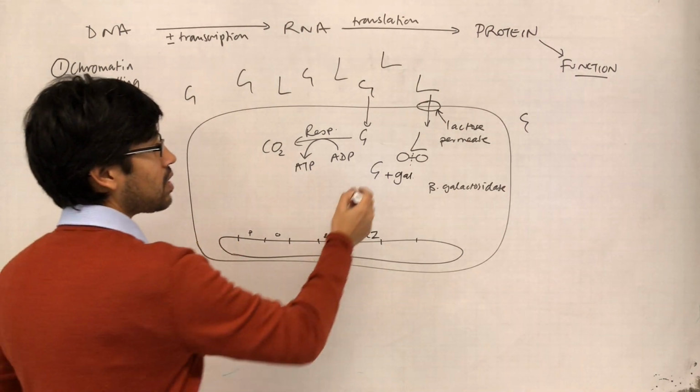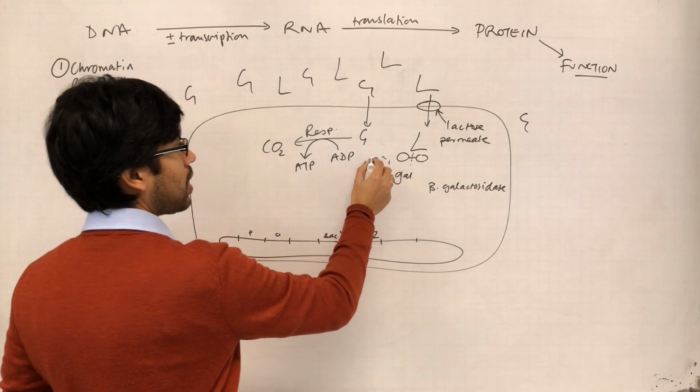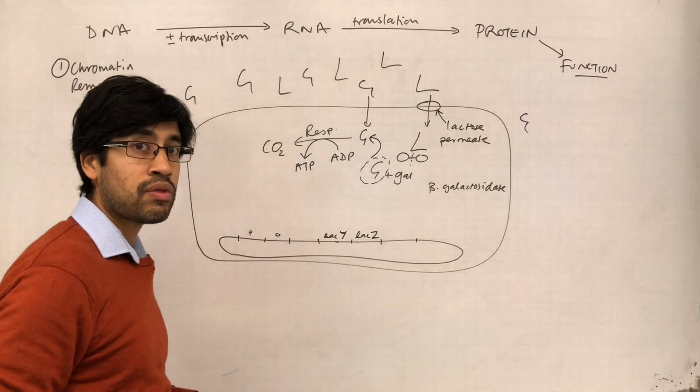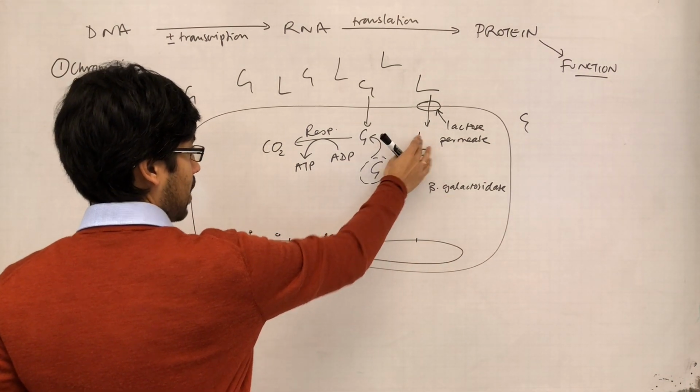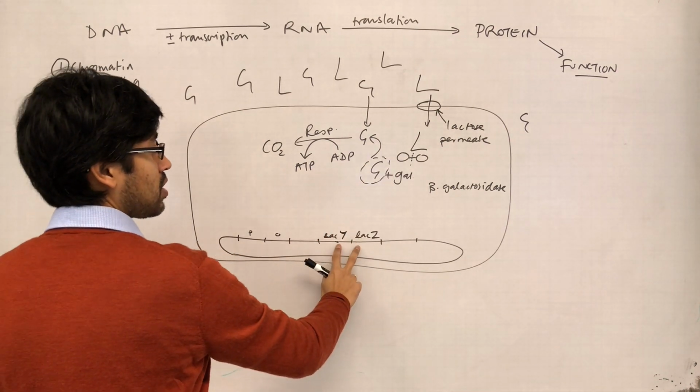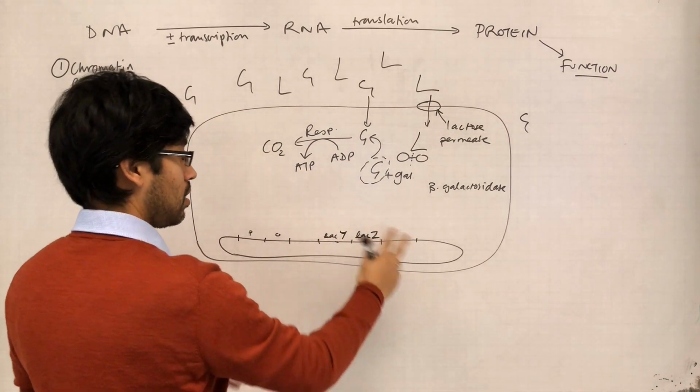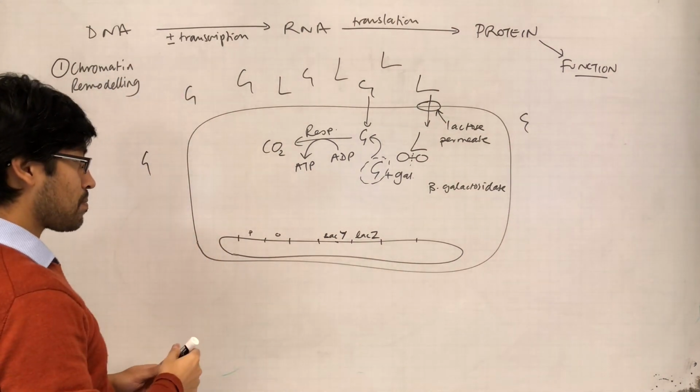Once it's done that, the glucose that's produced from that can enter the respiratory pathway. I hope we can see that in order to use lactose as a respiratory substrate, we need to express Lac Y and Lac Z, otherwise called the structural genes.